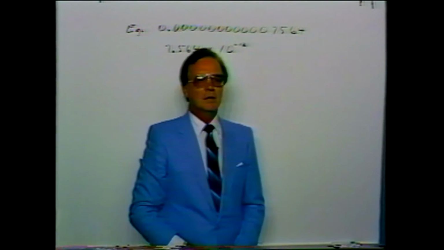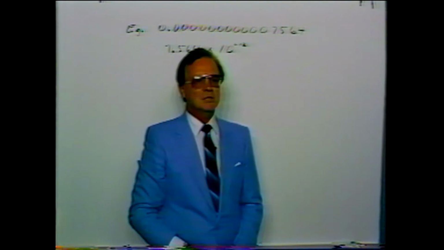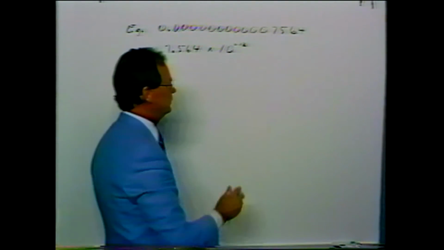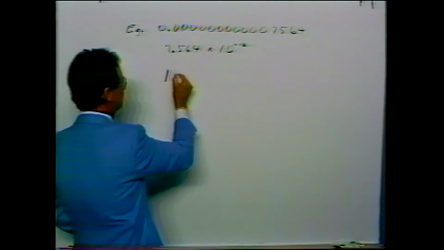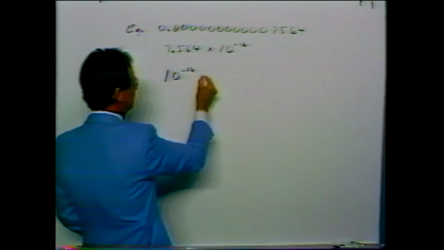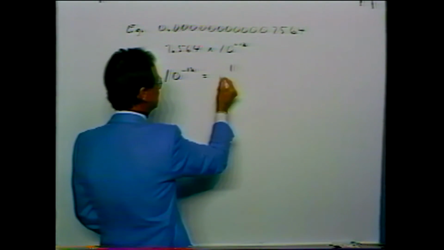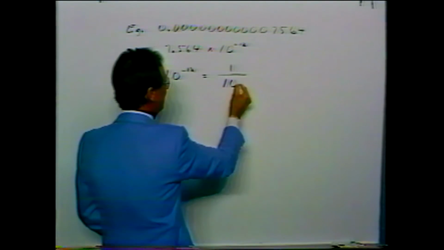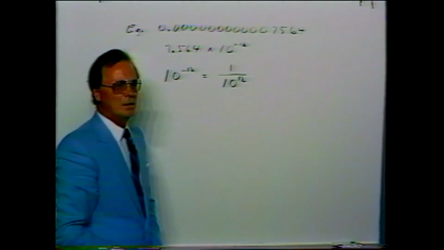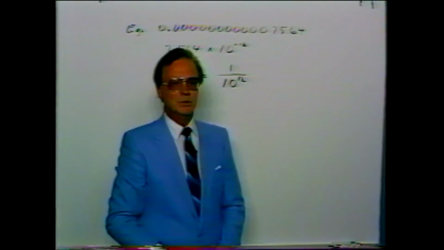From your work on exponents, 10 to the minus 12 is equal to, remember doing this in your work on exponents. So these two expressions are equal to each other.